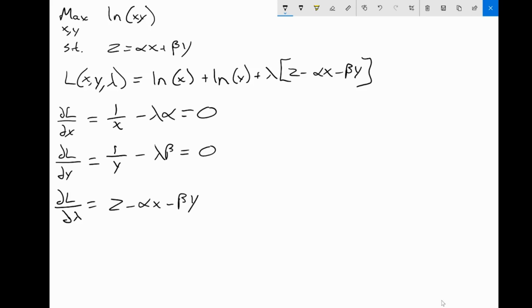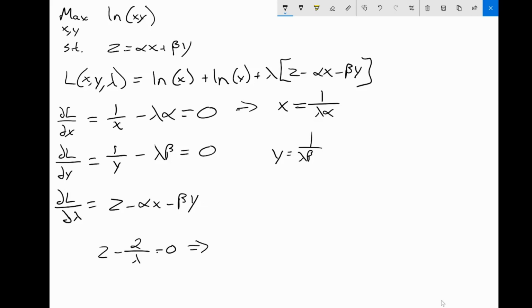All right, we've got to solve all of these for x, y, and lambda, so let's do that. If we solve this, we'll get x equals 1 over lambda alpha, y equals 1 over lambda beta. So we plug these two things in down here, and we will get z minus 2 lambda equals 0.